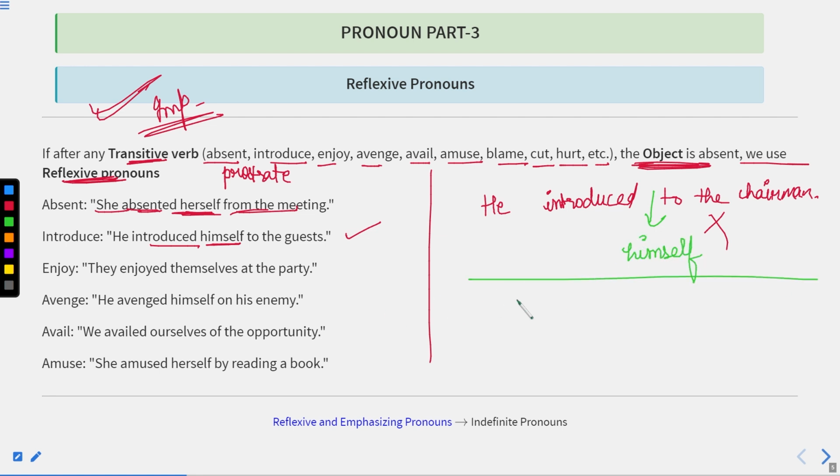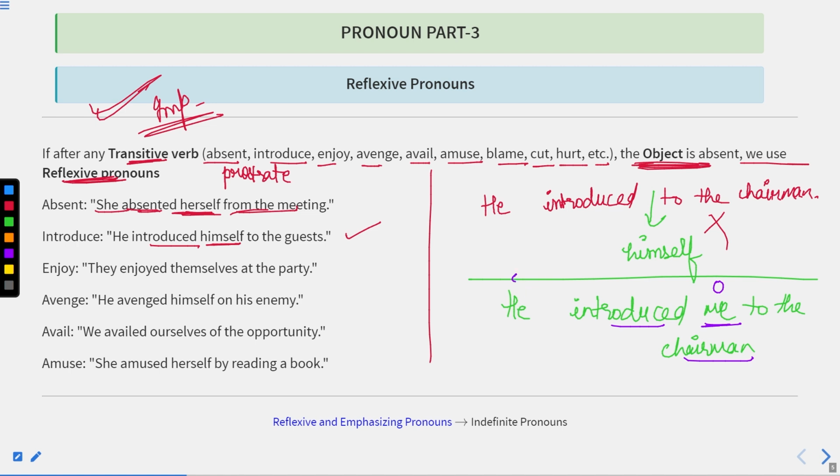Now if I say he introduced me to the chairman, look at this sentence carefully: whom did he introduce? He introduced me to the chairman. So me is the object of the sentence.